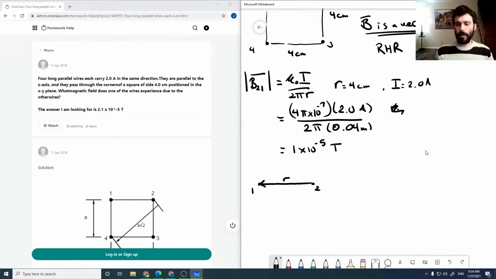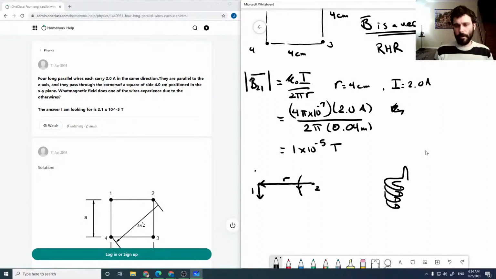And we're talking about from 2 to 1, so we would put our thumb in the direction of the current, and our fingers would curl in the direction of the B field. Okay, so now picturing our thumb going out of the page, we see that the B field would curl this way, so this is the direction. And in fact, at r, it's going to be straight down.